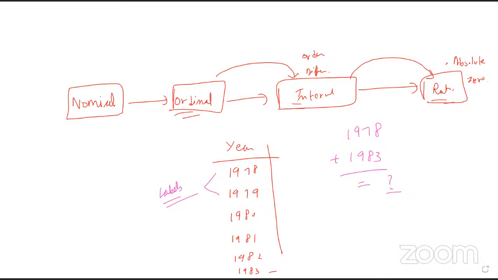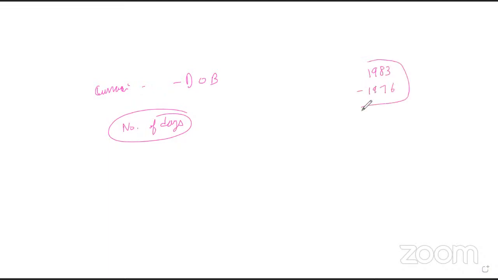But to find out age, we have to subtract the date of birth from the current date. No. We don't subtract the current date with the date of birth. Actually, we count the number of days in between them. You cannot subtract years. 2023 minus 1976 doesn't make any sense.